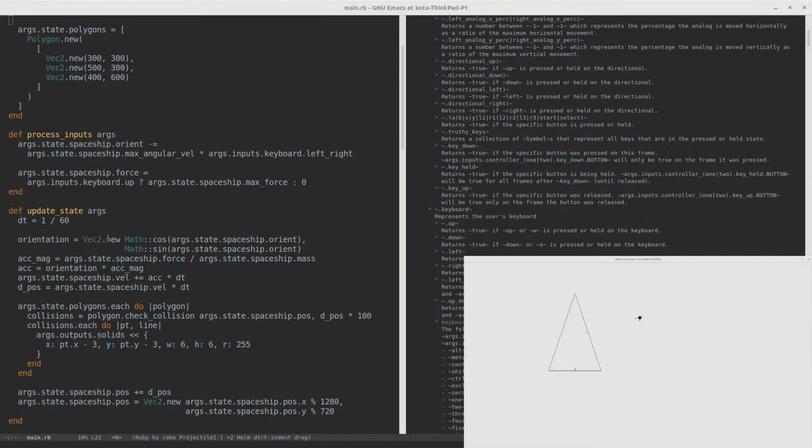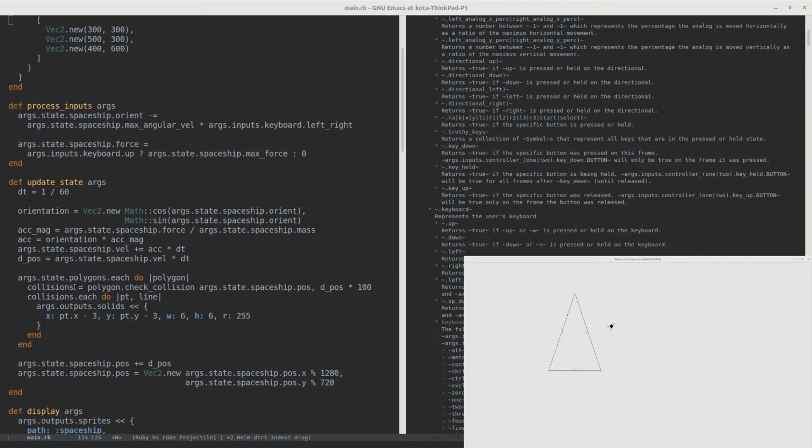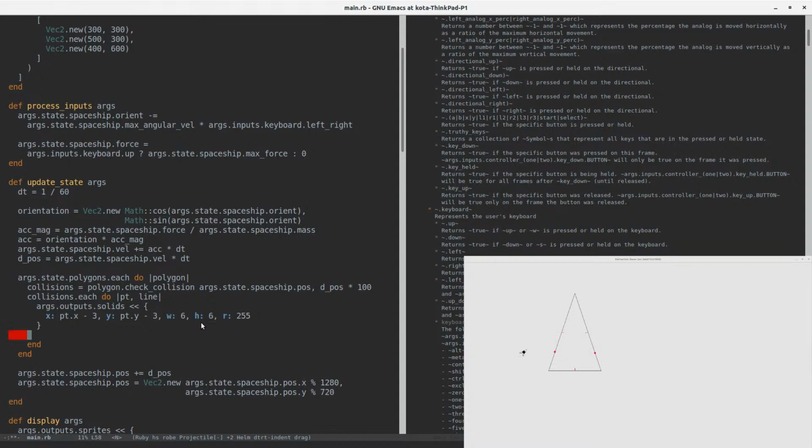So we have our process input, update state, and we now want to probably just render our normal lines. So we have our collisions.each, and we have our line as well.